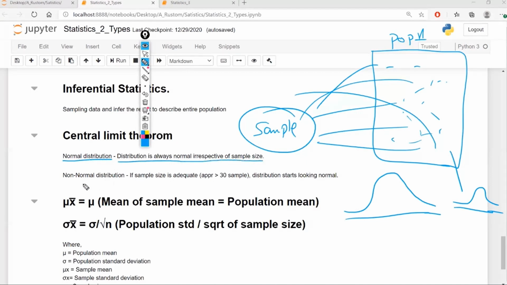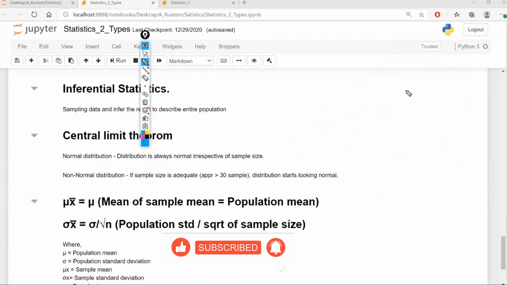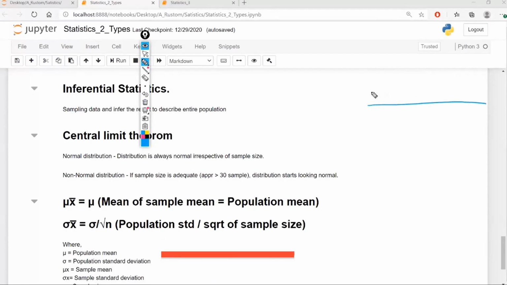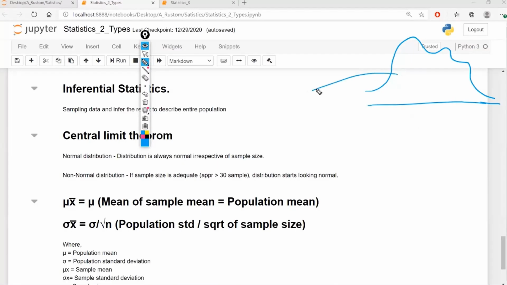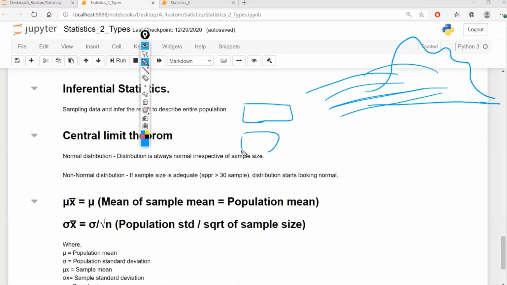All right. And there is also the non-normal distribution. Suppose I have a population distribution that looks something like this, which is not normal. But I will take some sample data from this non-normal distribution, a few samples, 1, 2, 3, 4, up to 30.